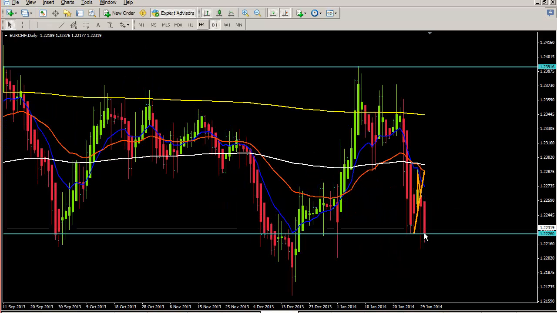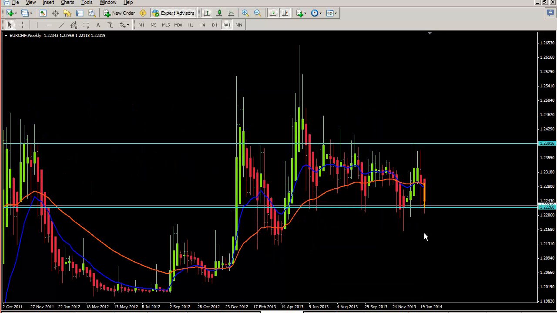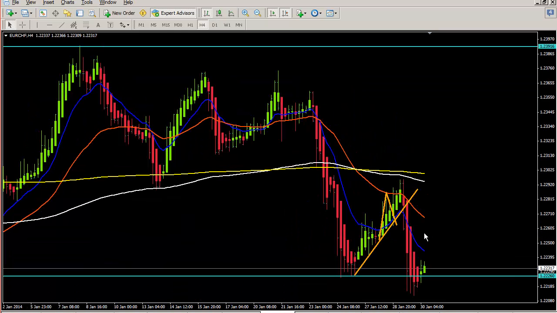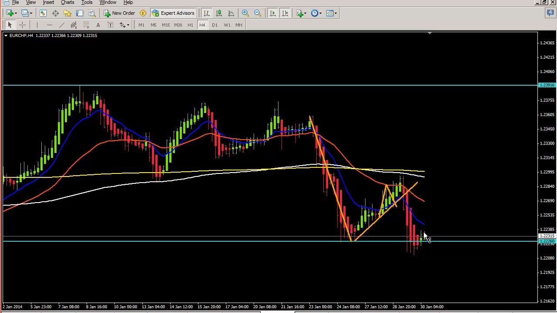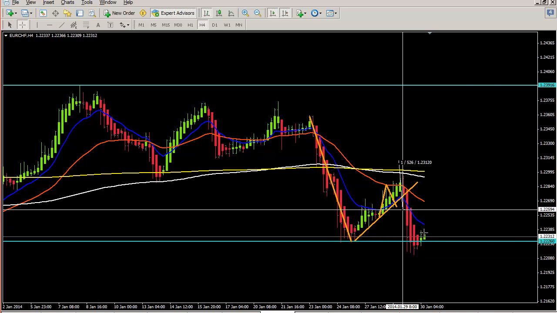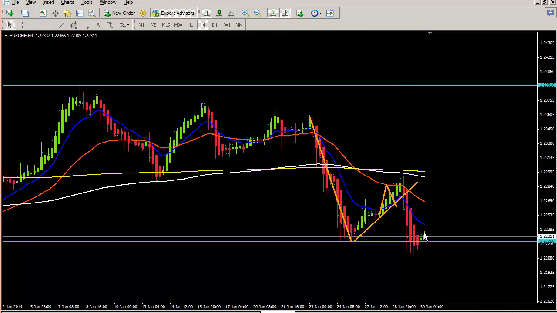The Euro CHF, it's not really my favorite. It's ranging on the weekly chart. I don't like it. The only setup we got was on the 4-hourly chart. That's about it. A stop of about 50 pips. Look, we had the 633 and the 200 EMA sitting exactly over this 0.3.